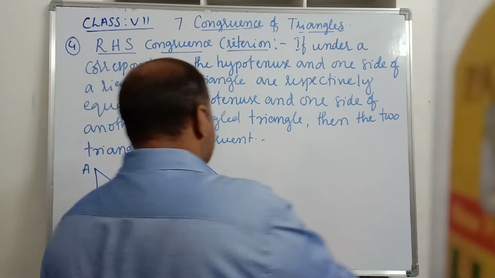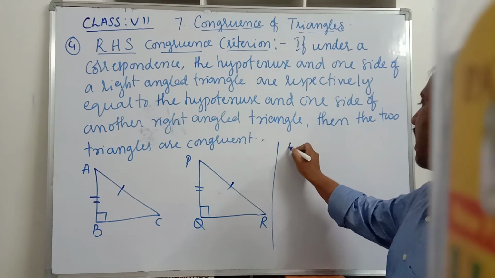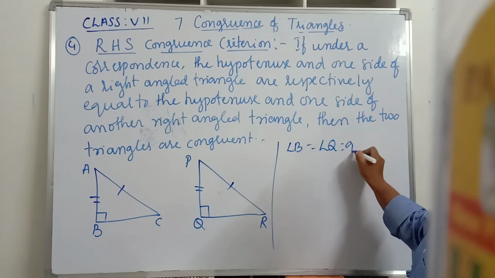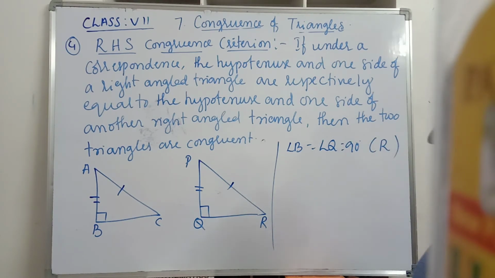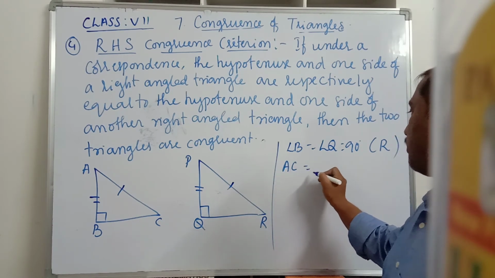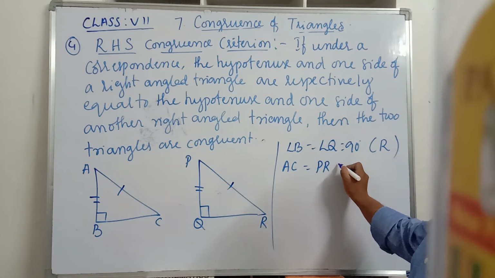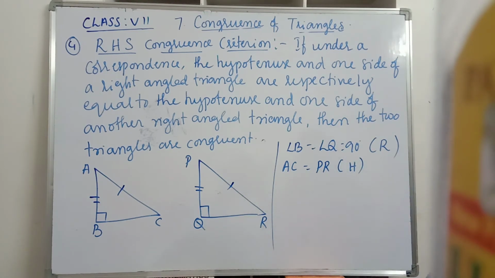Now we can apply this in these two triangles. Angle B is equal to angle Q, that is 90 degrees, the right angle. R stands for right angle. Then the length of the hypotenuse AC is equal to the length of the hypotenuse PR. H stands for hypotenuse.